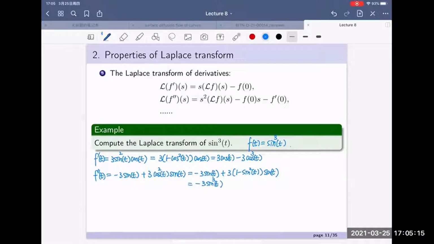Well, what's this? Hold on. This is the original function. Sine to power 3 is just your f of t. You get the original function, f of t, right? So what do you get?